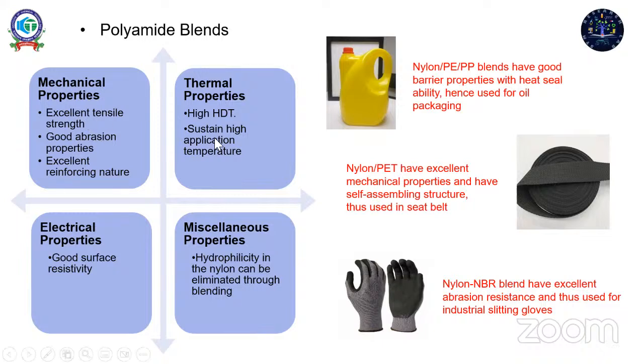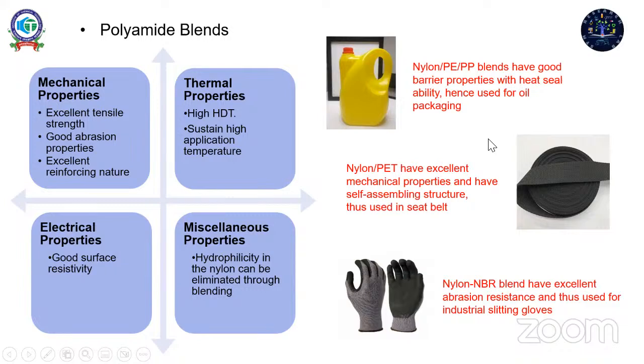high application temperature. And as we are also aware, the polyamide blends are hygroscopic in nature. So this hydrophilicity or hygroscopicity can be eliminated through blending. Basically, nylon when blended with polyethylene or polypropylene has good barrier properties with heat sealing ability.